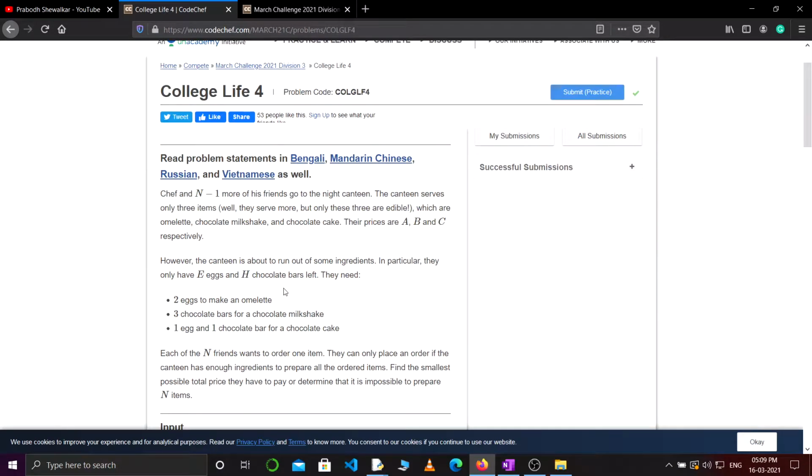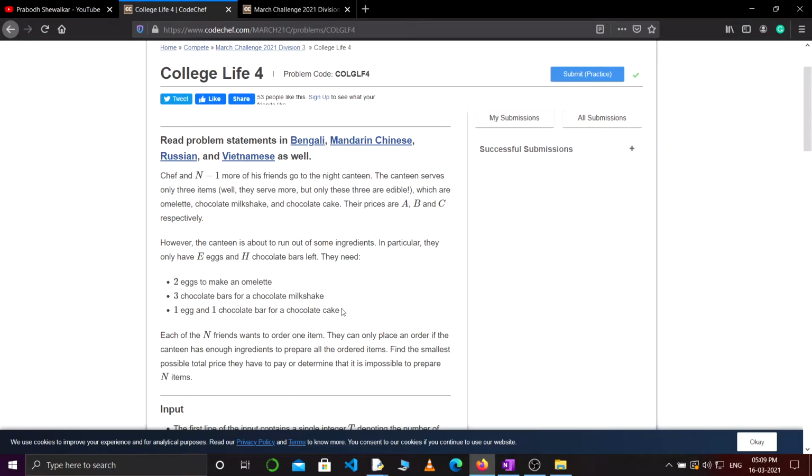Okay. So you see here the omelette and milkshake, these two items are independent of each other because for making an omelette we require just eggs, and for making the milkshake we require only chocolates, isn't it? But for making the cake we require both eggs and chocolates.